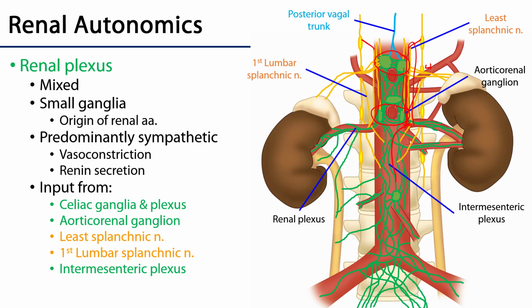But we should also note that the ureters are going to pull fibers from the renal plexus there. They'll also pull fibers from the intermesenteric plexus. They'll also pull fibers from the gonadal plexus on the gonadal arteries, and even the inferior mesenteric plexus as well.